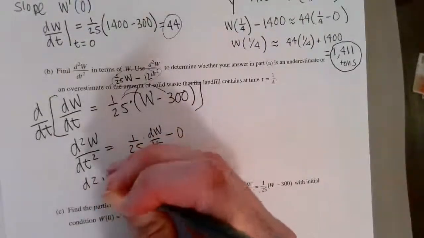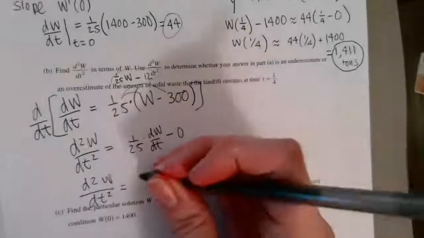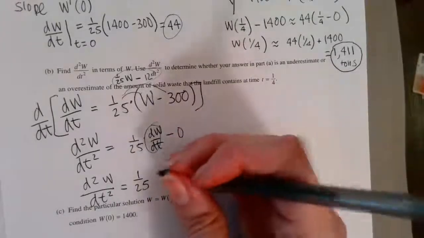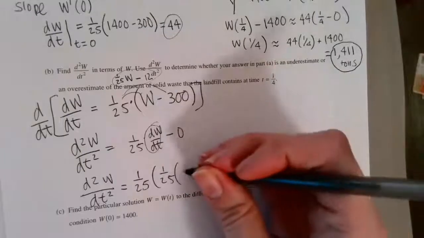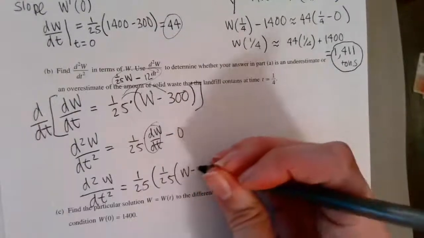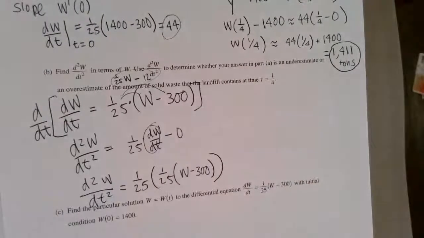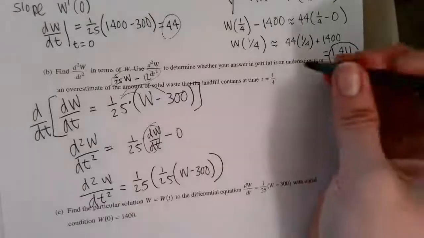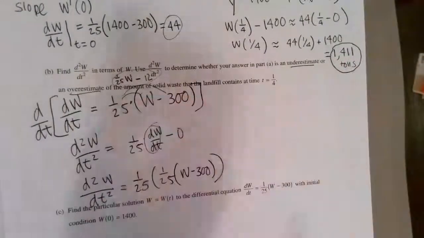So d squared W over dt squared equals 1/25 times dW/dt. Now I'm just going to plug in for dW/dt: 1/25 times 1/25 times (W minus 300). So I'm now going to determine if my 1,411 is an under or an overestimate.